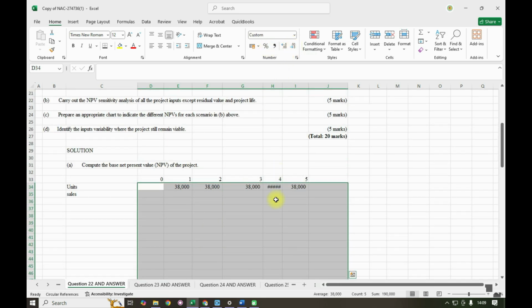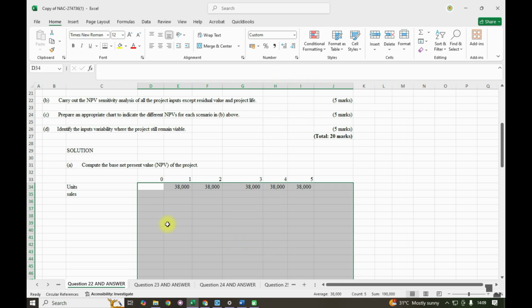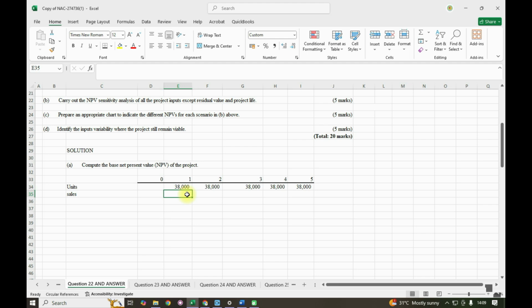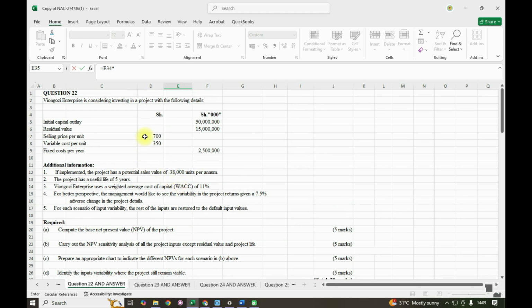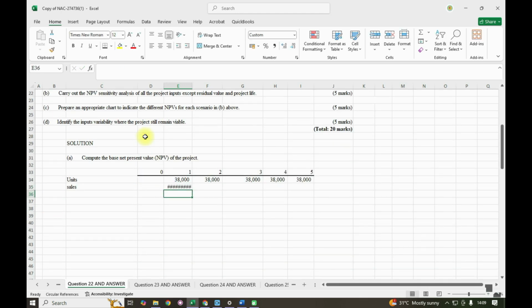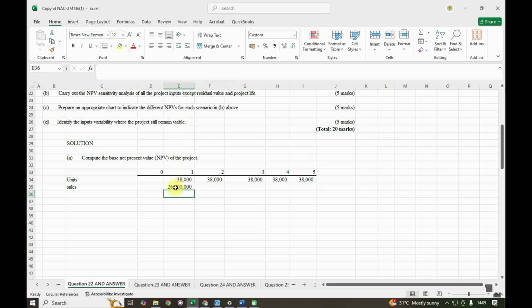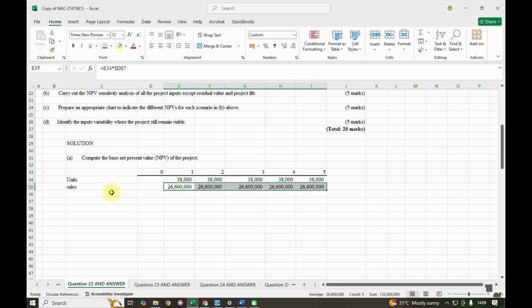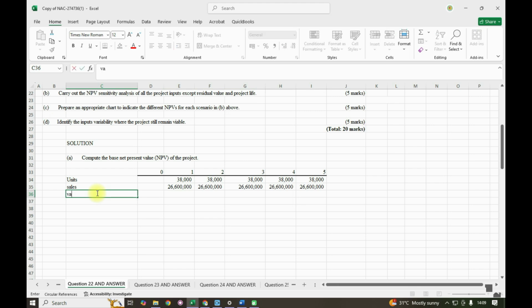So 0 decimal, yeah, that way, so that for our cells, we shall take the units multiplied by the selling price, which I will lock, and I will autofill that way. So let's do variable cost.